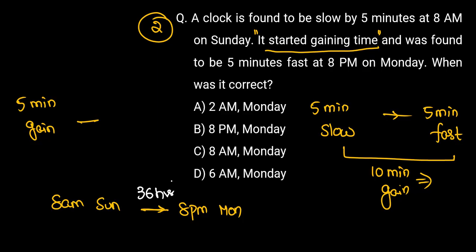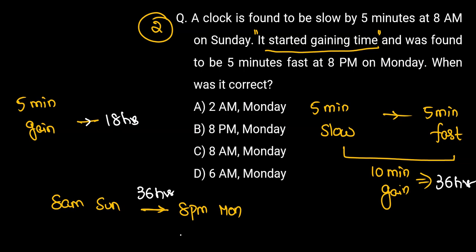Do you agree with 36 hours? 8 a.m. Sunday to 8 a.m. Monday, then 8 a.m. Monday to 8 p.m. So 10 minutes, 36 hours. For 5 minutes gain, how much time? 18 hours.